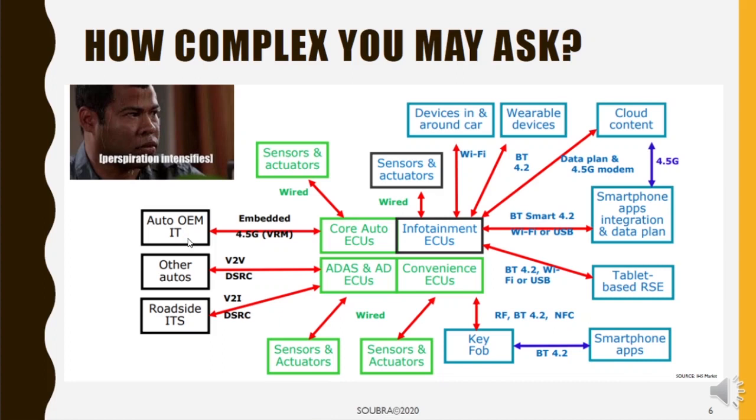Meaning that all the components that you have in your car, your lights, your windshield, your air conditioning, are not all connected to one ECU. Each group of these electronic components is actually connected to one ECU, and these ECUs are connected together.